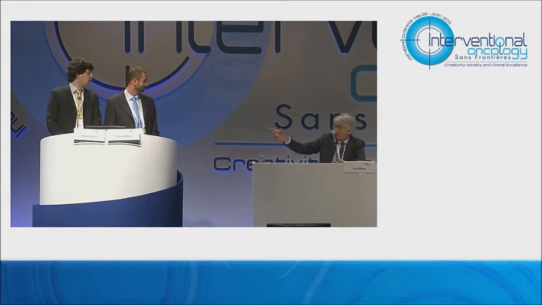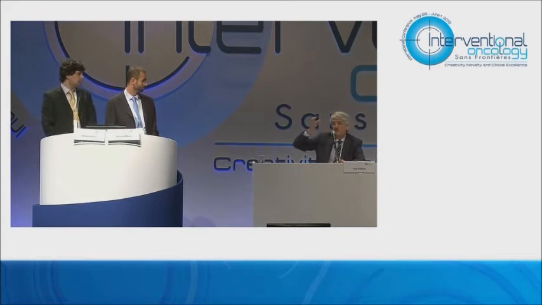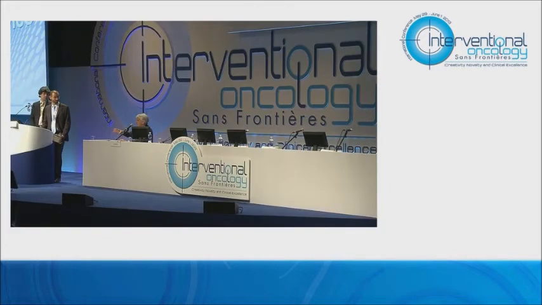Among the features of the system, there is also the possibility to choose electronically if you are using microwaves or radiofrequency, and according to the type of microwave antenna you are going to use, size, length, and going back to your experience and all the data provided by the company, you can create a sort of artificial volume, which should represent the achievable volume of necrosis for the procedure.